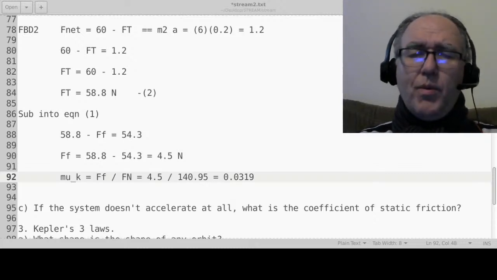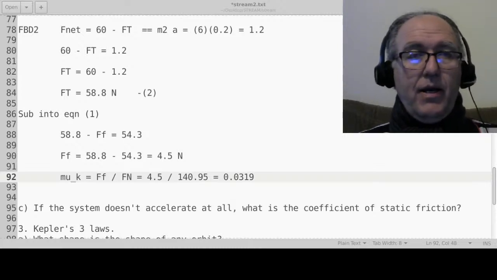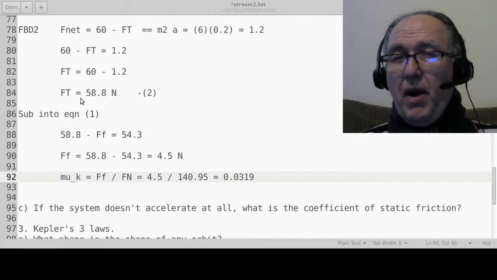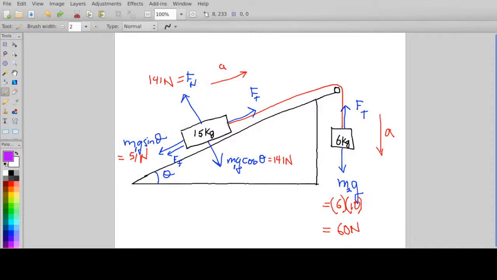Now, before we move on, let's take a look at that tension and compare it to part A. The tension in part B was 58.8.